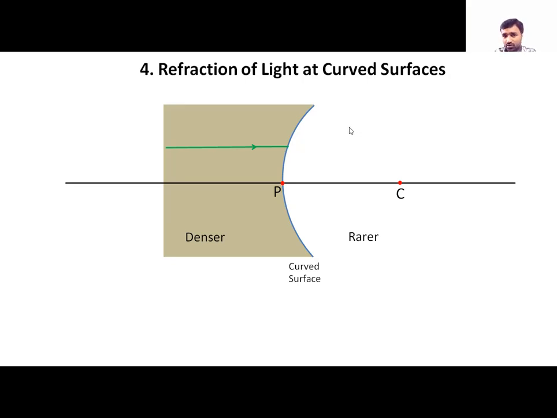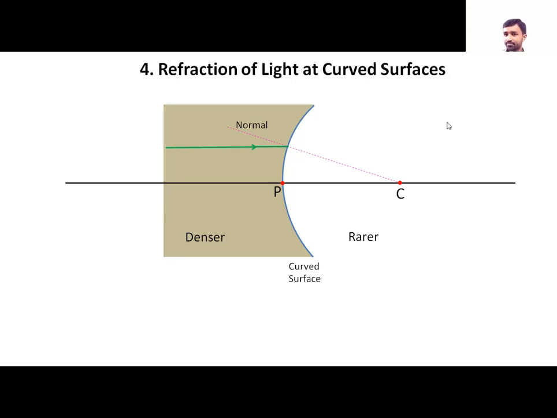So to know the behavior of the light ray, depending on the same experience: rarer to denser, towards the normal; denser to rarer, away from the normal. So I need the normal. So connecting the center of curvature and the point of incidence gives the normal. Then what do you know about the behavior of the light ray, denser to rarer?